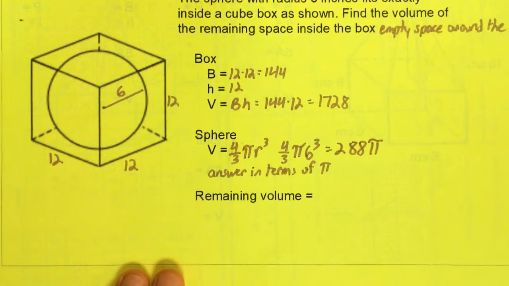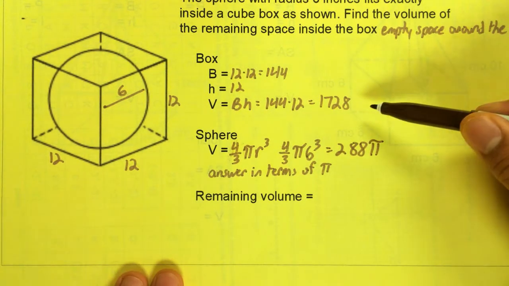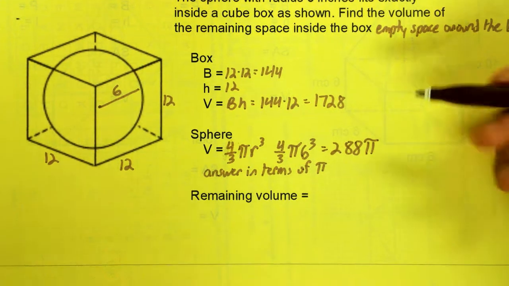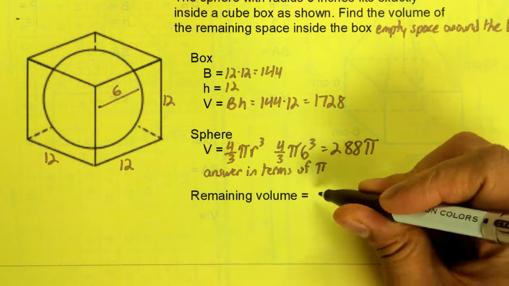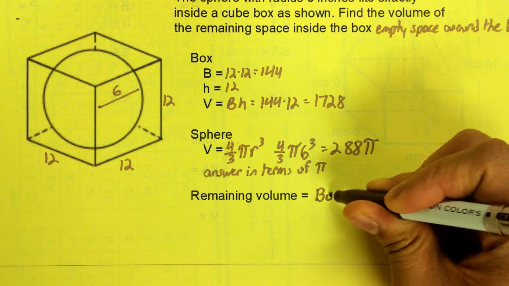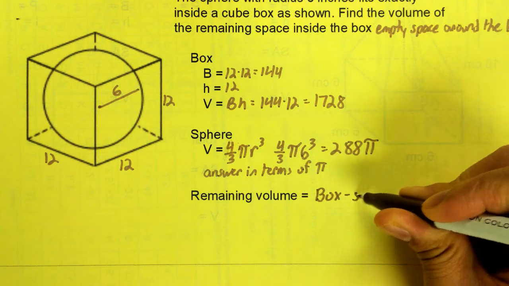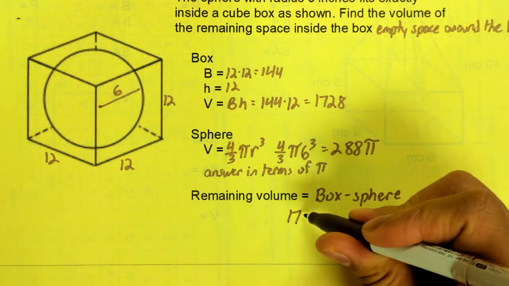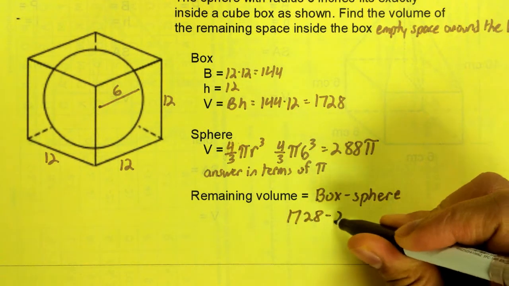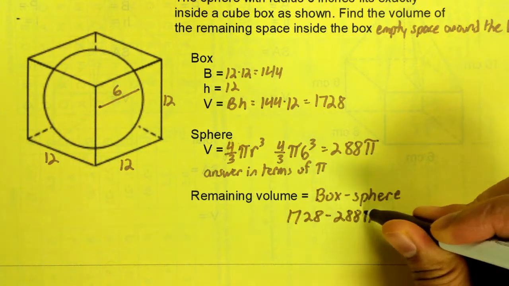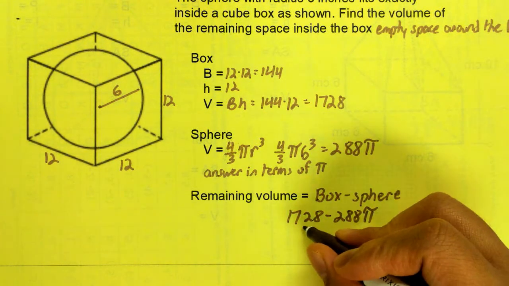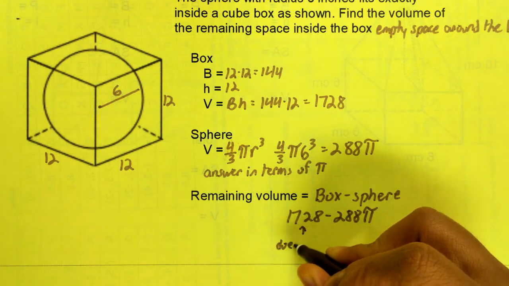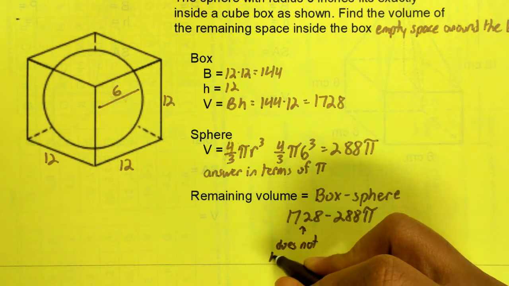Remaining volume. The box is 1728. The ball is 288 pi. So to find my remaining volume, what we can do is take the box and subtract the ball, the sphere. 1728 minus 288 pi. Note, this number right here does not have pi.